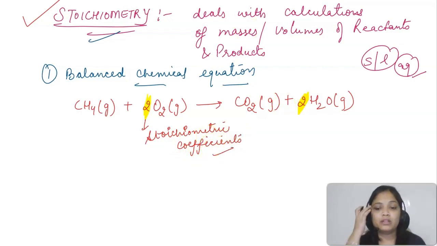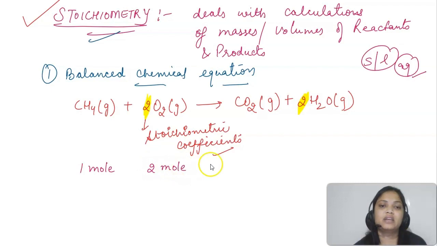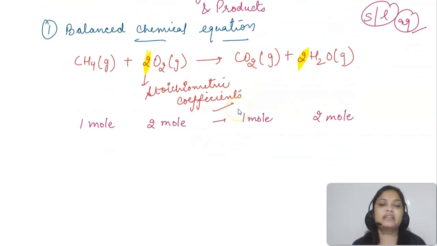So if I talk about this particular reaction, I am saying that 1 mole of methane reacts with 2 moles of oxygen gas to form 1 mole of carbon dioxide, since the coefficient is 1, and 2 moles of water. Similarly, I can say molecule also. 1 molecule of methane is reacting with 2 molecules of oxygen to form 1 molecule of CO2 and 2 molecules of water.